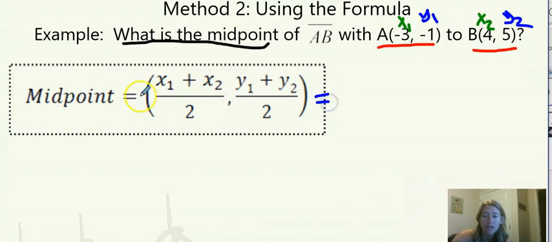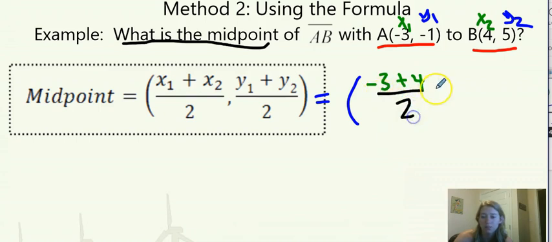So notice that our x's are first. We've got x1, which is -3, plus, this is the only one of our equations with a plus, our x2, which is 4, and then we're dividing the whole thing by 2. All right, for our y's, we've got y1, which is -1, plus y2, which is 5.